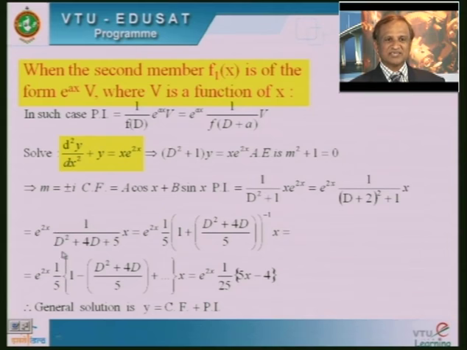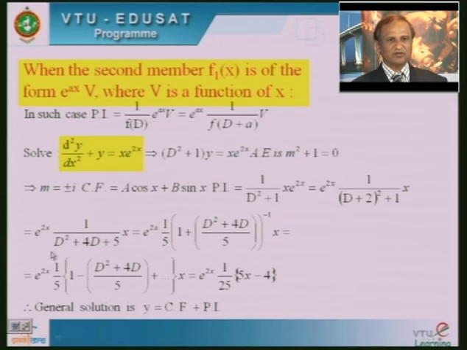That method says that I have to identify the lowest degree term from f(D). It contains 3 terms. What is the lowest degree term? 5 is the lowest degree term. That is why I can take out 1 divided by 5, and the remaining thing can be written as 1 plus (D² + 4D) divided by 5.